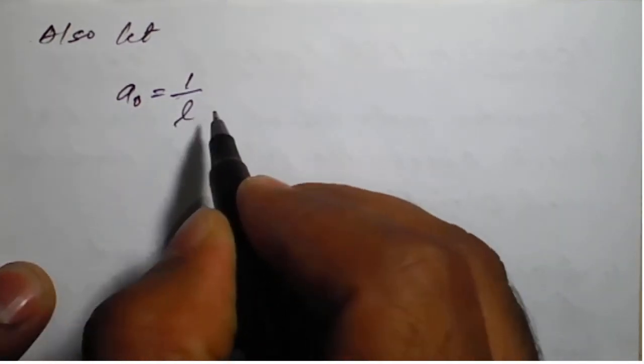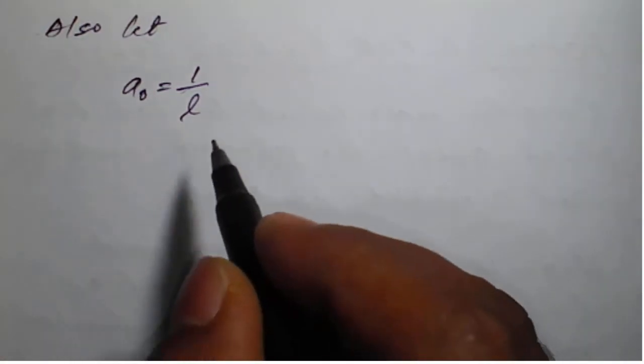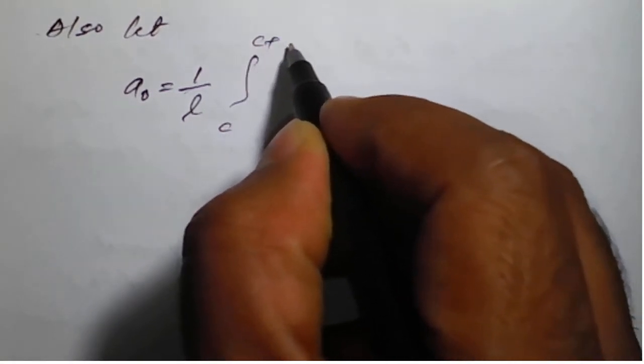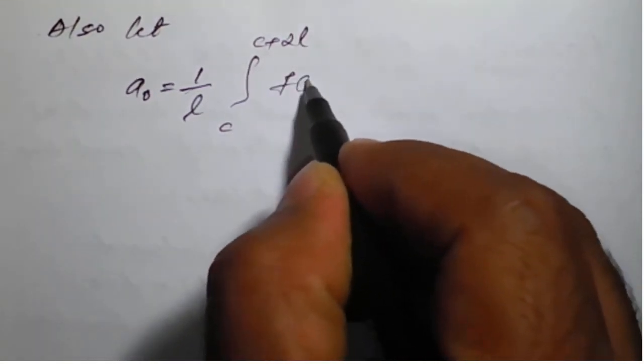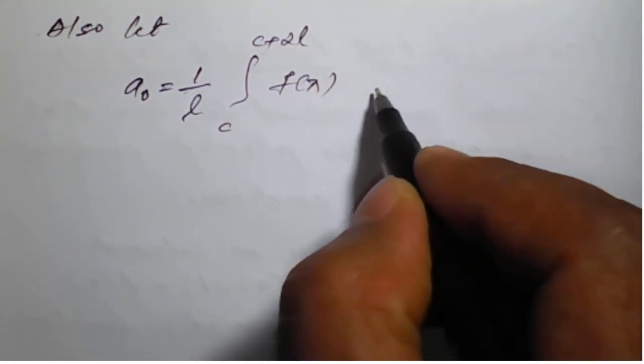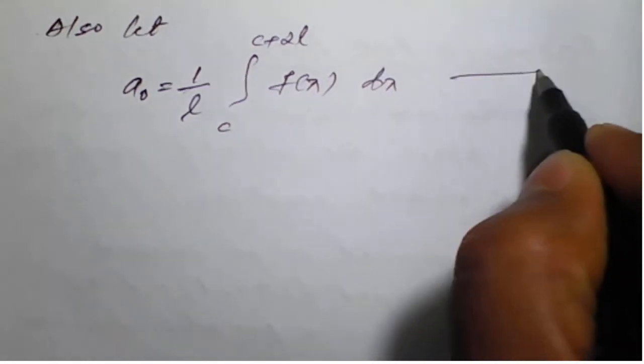Also let a naught is equal to 1 upon l integration c to c plus 2l f of x dx.